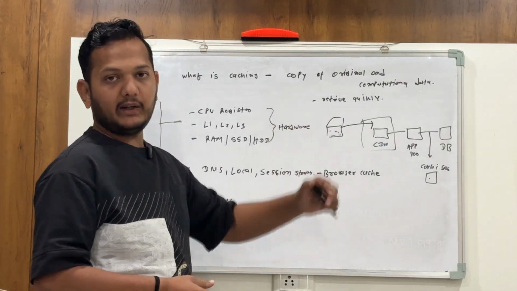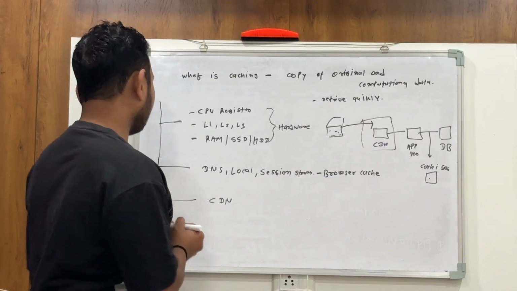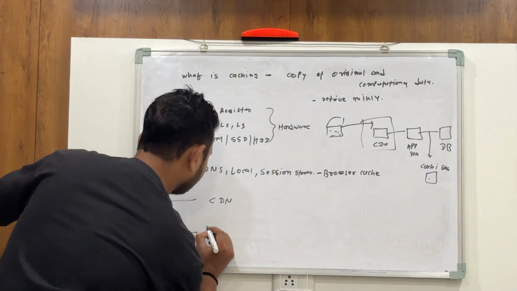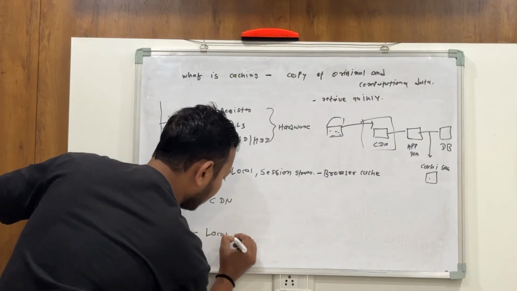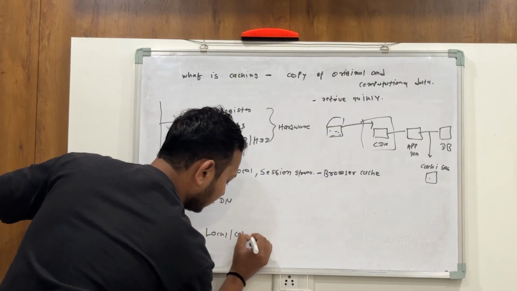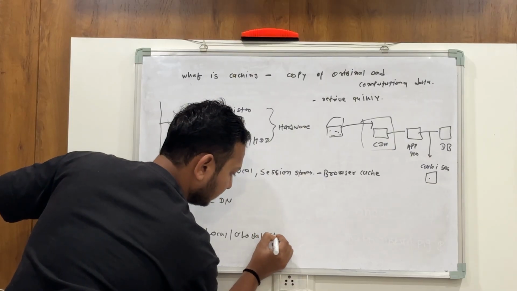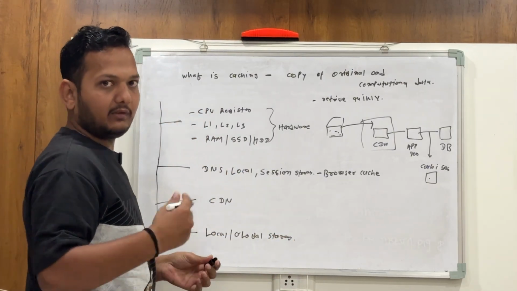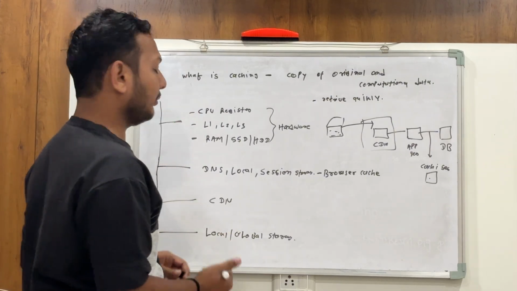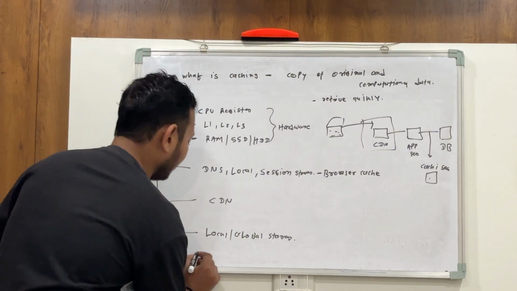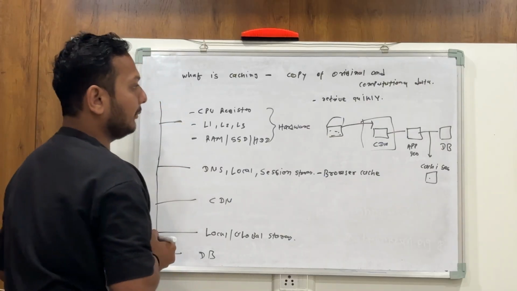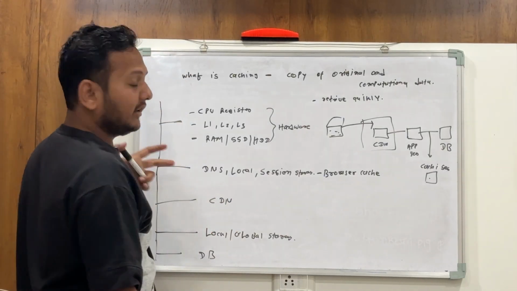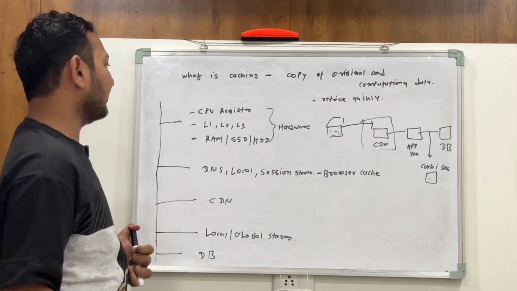So now finally, another storage is local or global storage, which we will talk about later, after completion of this topic. And the last storage is the DB, database, where our actual data is present. So in that way, the storage is always hierarchical, right?